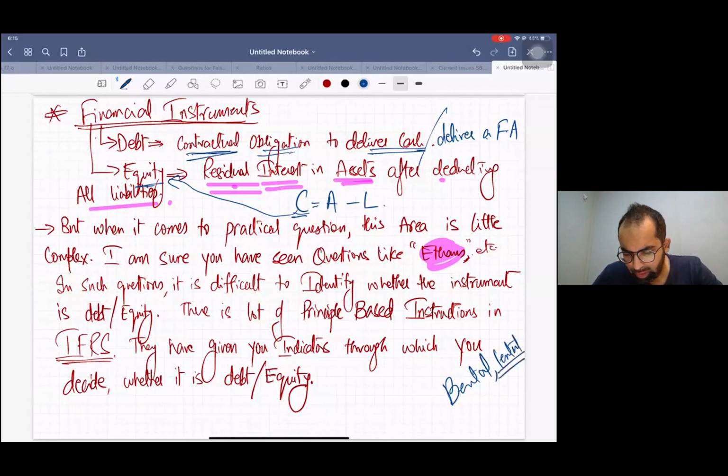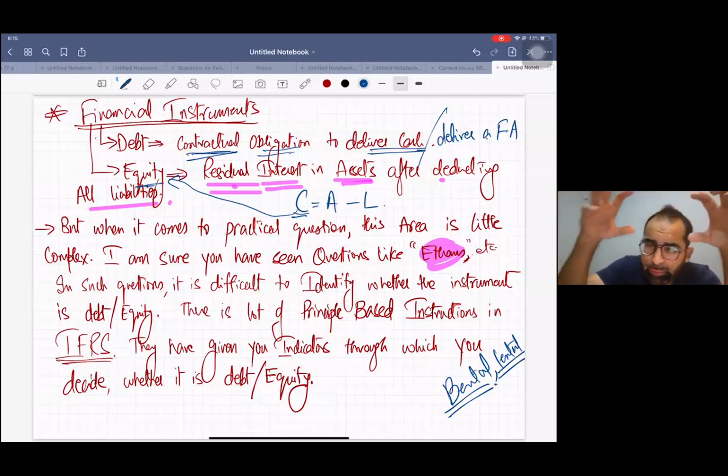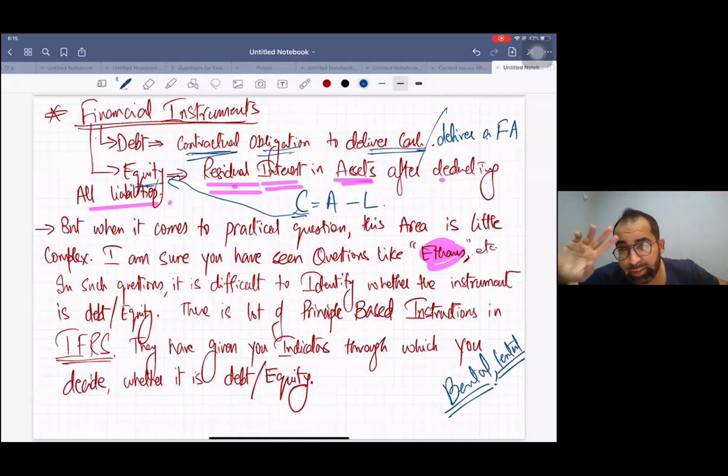These questions were old past papers, and a few more questions like that, in which there is a subsidiary company and the subsidiary company has issued class A and class B shares. Now identify which one is the liability and which one is the equity, which shares are liability and which shares are equity.